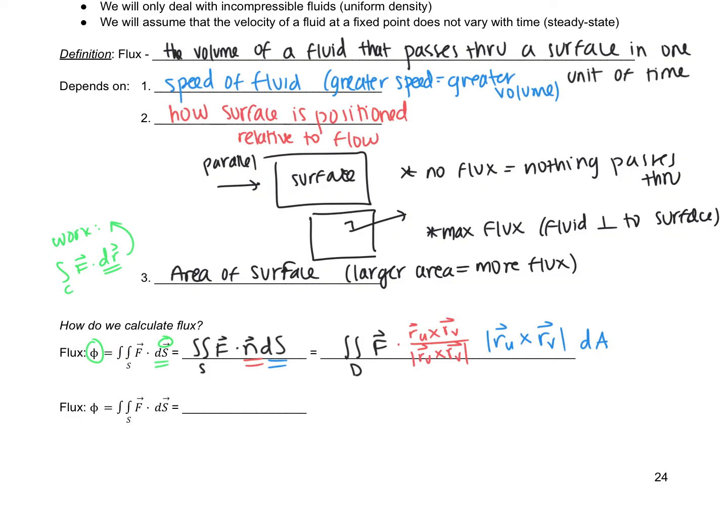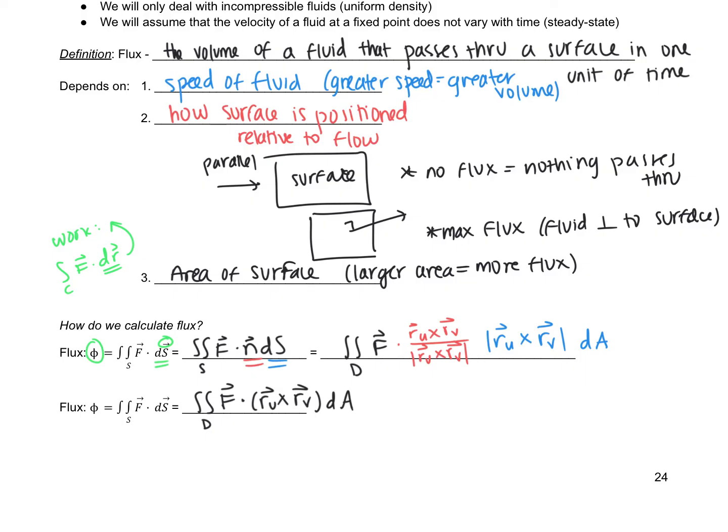When we simplify all of that, we find that flux is the double integral of F dotted with the vector that results from crossing r_u and r_v. So that's how we're going to calculate flux.